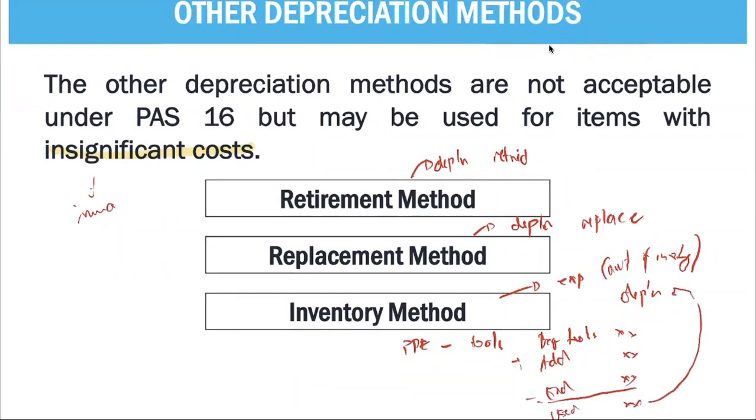That is under your inventory method. So again, these are not acceptable under PAS 16. However, it may be used for insignificant costs: retirement, replacement, and inventory method. So the other items are acceptable under PAS 16. We have uniform, we have activity, and we have accelerated, but these are not acceptable, only if immaterial.